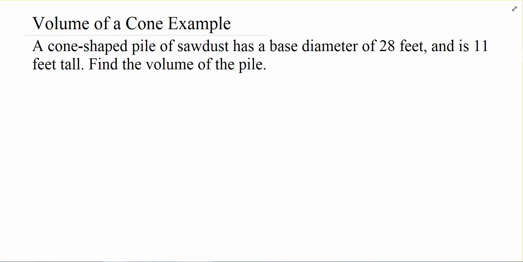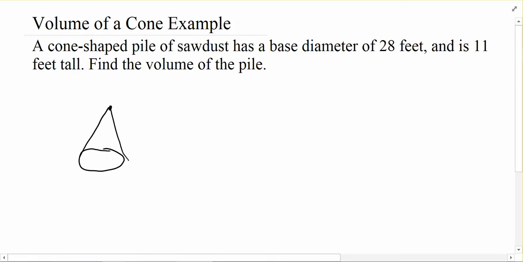I had mentioned that there were three different types of volumes we were going to look at, where we have a shape stacked on top of itself a bunch of times. And the second one then is when we have a shape that could almost be stacked on top of itself, but it comes to a point. And so they're progressively smaller versions of the shape. So as an example, a cone.